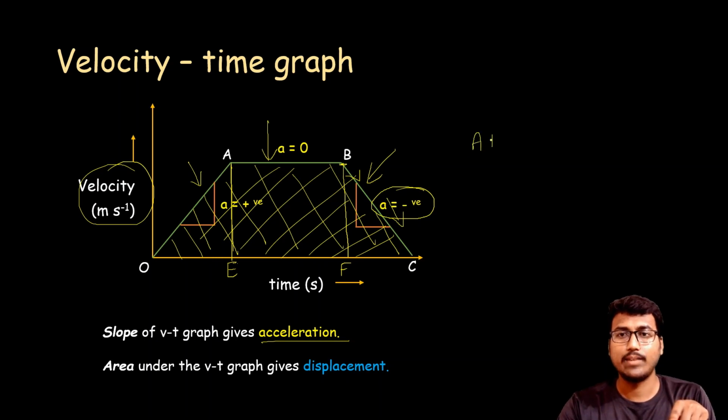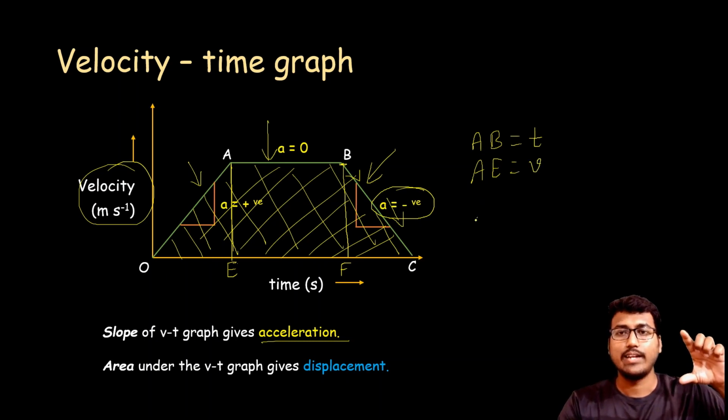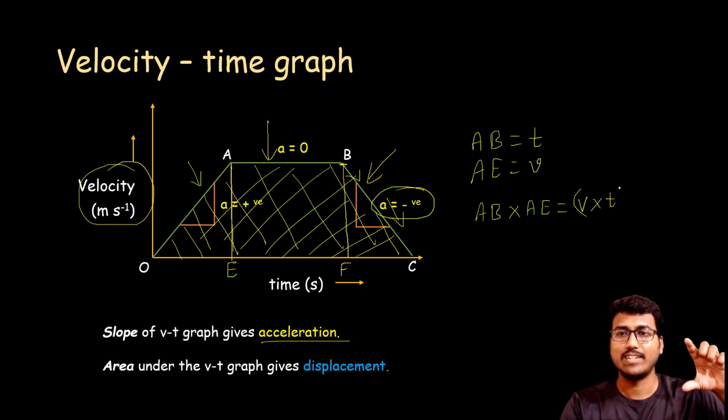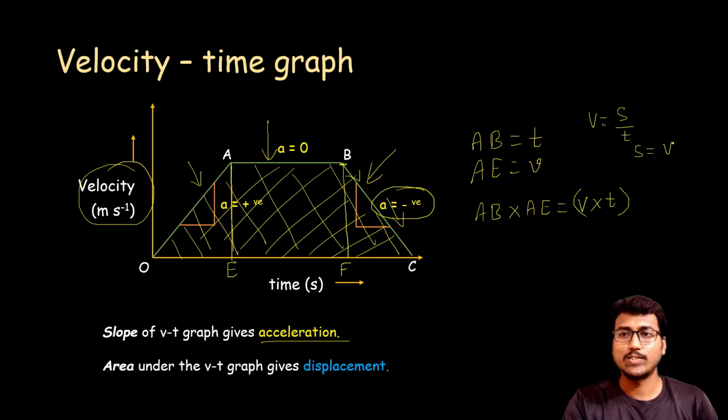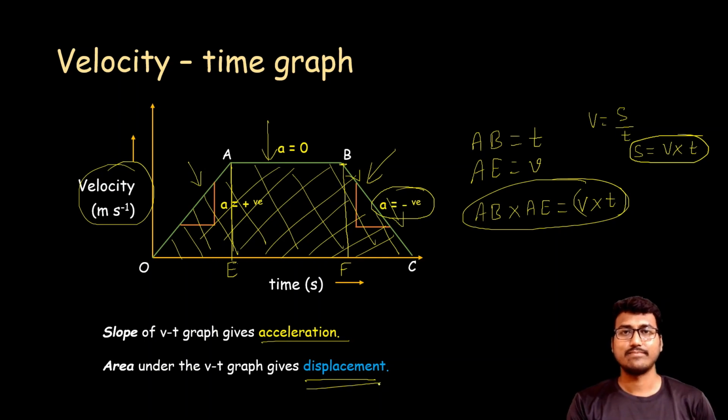So what is AB? AB shows time, right? AE shows velocity. So AB into AE gives you velocity into time. So the velocity formula is displacement by time. So displacement equals velocity into time. Yes. Did we get displacement here? Yes. Area under the velocity time graph will give you displacement. Hope you have got it.